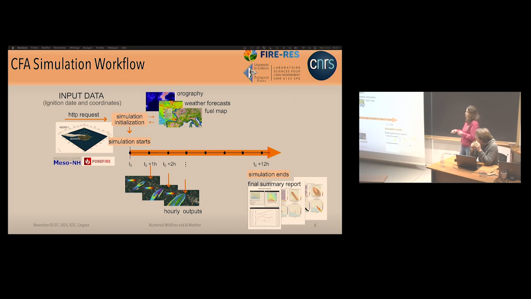This means the weather forecast of the day, but also orography and the fuel map for the wildfire propagator code. Then the simulation starts, and with some time scale, we have outputs, like hourly outputs illustrating the development of the wildfire spread. And then at the end of the simulation, a summary report.